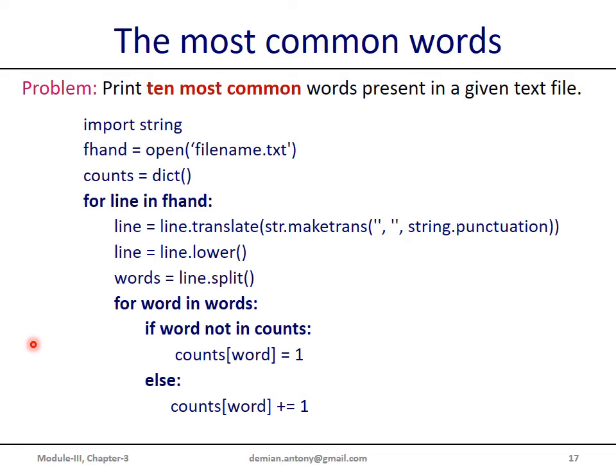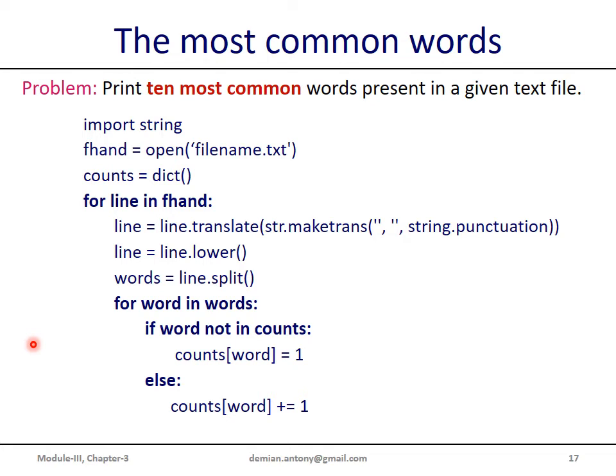Once we have a list of tuples with value and key, where value is the frequency of occurrence of a word and the key is the word, let us sort the list of tuples in descending order of value, because value is the first element in the tuple.